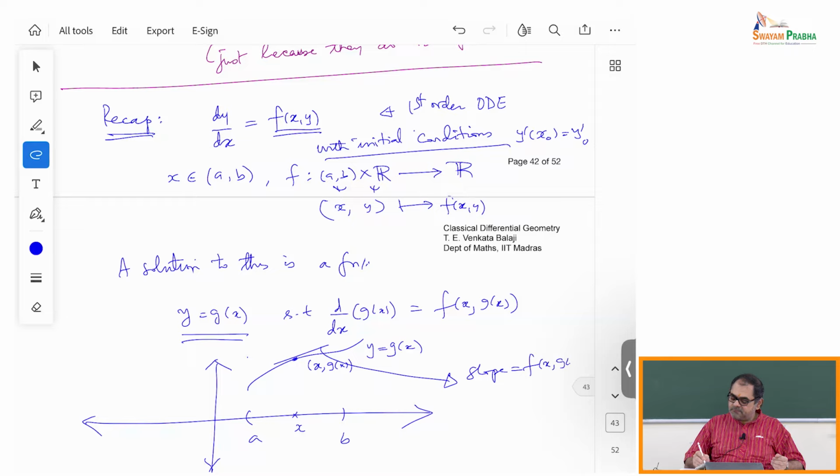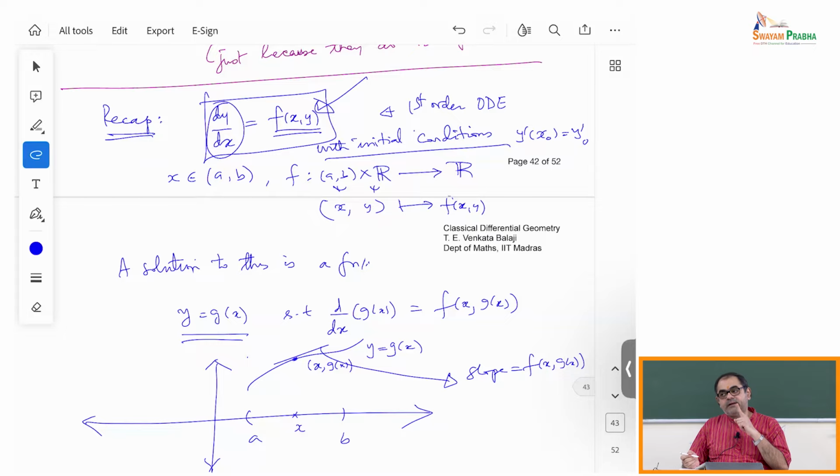The slope is supposed to be dy by dx and y is g of x. So what does this differential equation say? Mind you, there is one independent variable x, and y is one dependent variable.